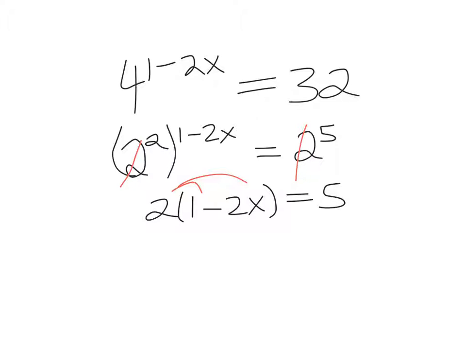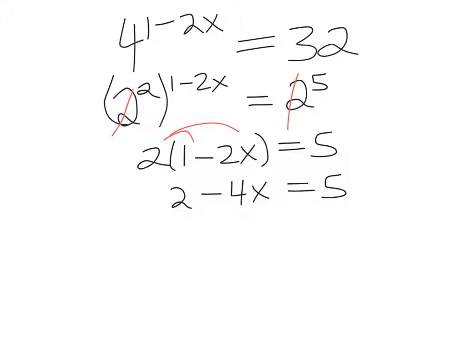Either way, if you realize that 2.5 works, that's fine. You get a right answer, so I'm happy with it. Or do it this way and end up getting negative 4x equals 3, so x is negative 0.75. Okay, so however you choose to do it is good. But that's how these ones are really supposed to be done.